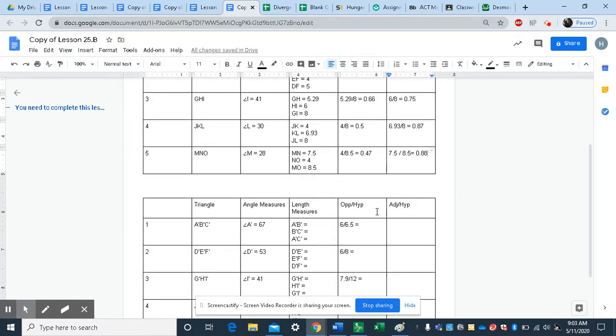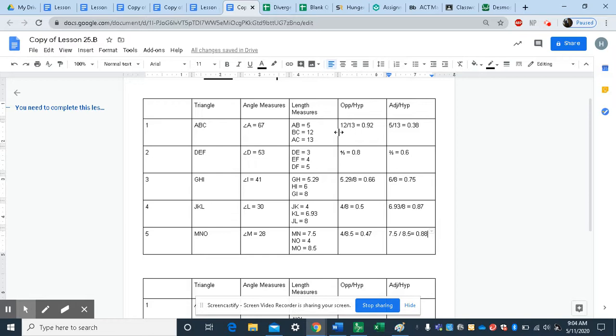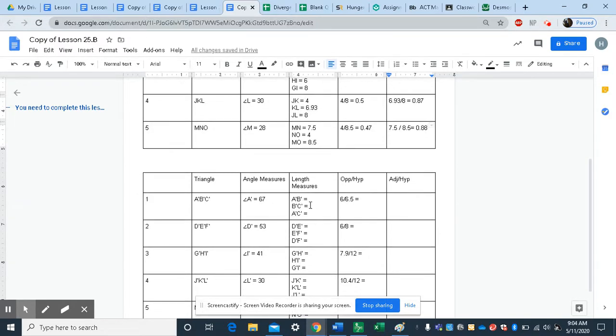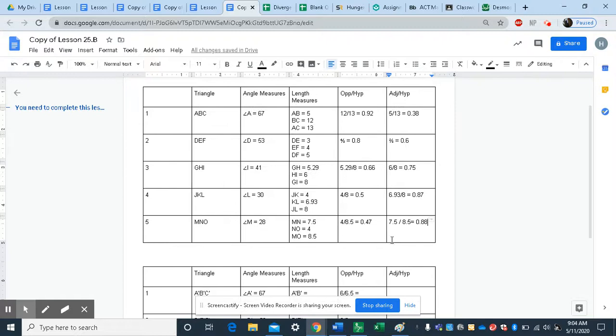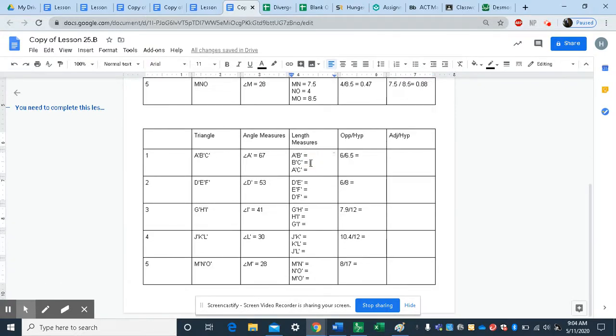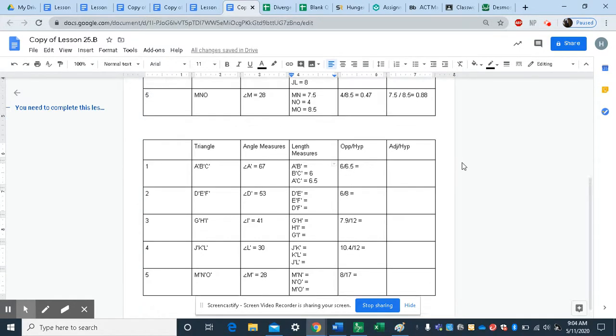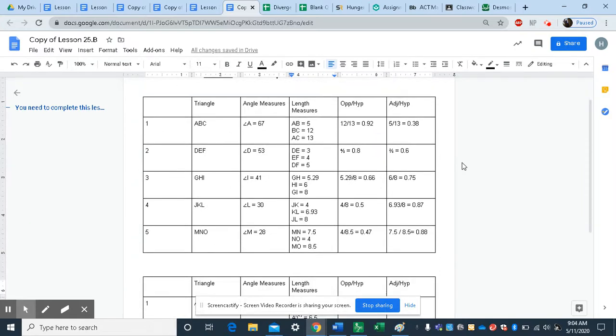So for this first one, I gave us our 6 divided by 6.5. I gave us our opposite over hypotenuse. Our opposite over hypotenuse up here was BC over AC. So that means we can fill in our B prime C prime and our A prime C prime, because it's going to be similar to our triangle up here. So our B prime C prime is going to be 6. Our hypotenuse is going to be 6.5, because again, similar, which means it's going to be the same proportions.